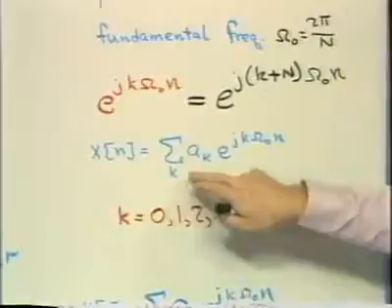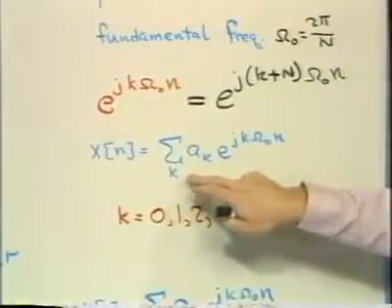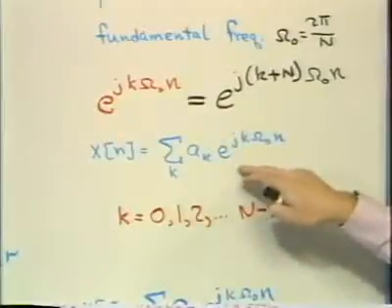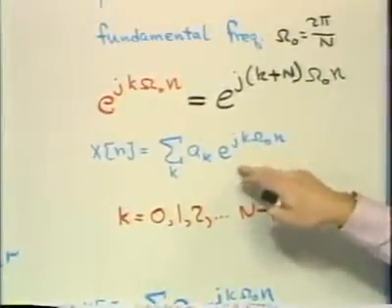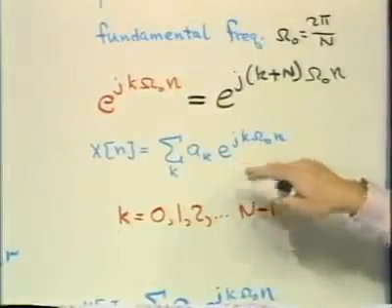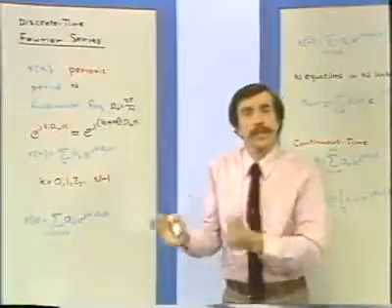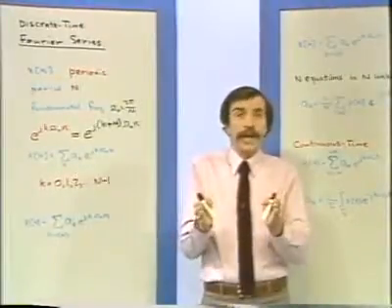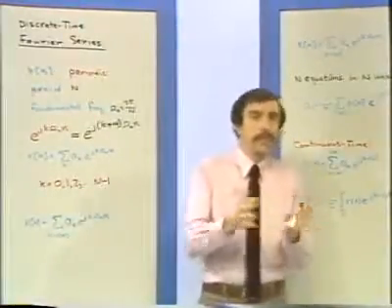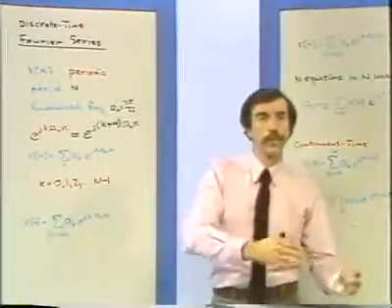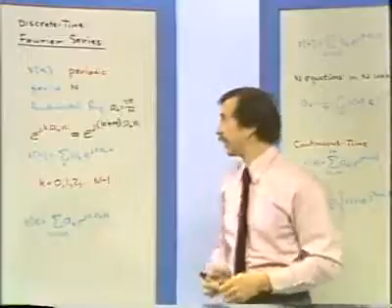So this sum ranges only over capital N distinct complex exponentials, for example, from 0 to capital N minus 1. Since these complex exponentials repeat in k, I could instead consider from 1 to N, or from 2 to N plus 1, or whatever.